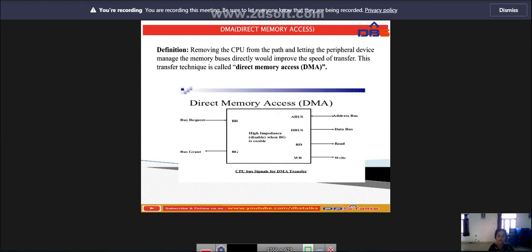Next, DMA burst transfer. DMA means direct memory access. What does this mean? A block sequence consisting of a number of memory words is transferred in a continuous burst while the DMA controller is master of the memory buses. This is called the DMA burst transfer.